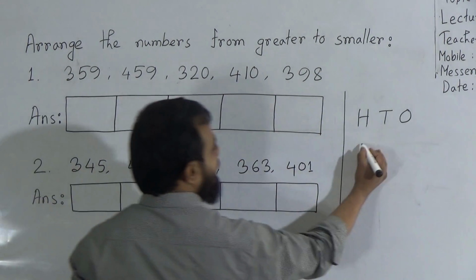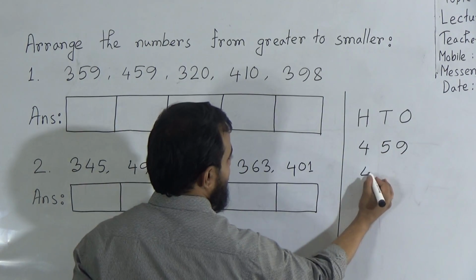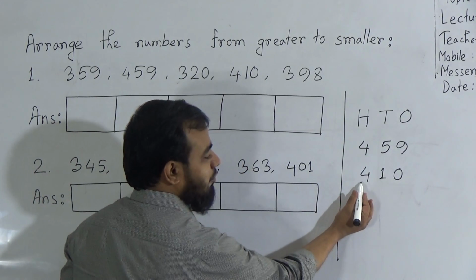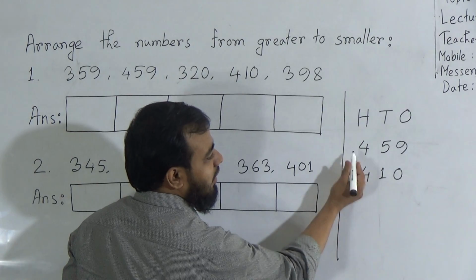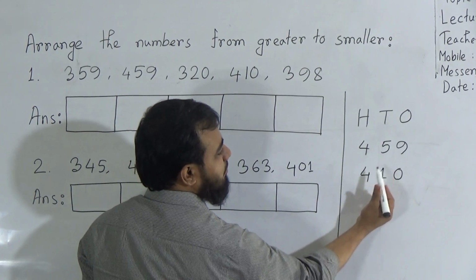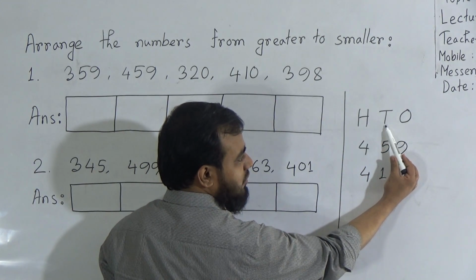These 2 numbers, 459 and 410, have 4 in the hundreds position. Okay, so we have to go to the next place position, that means the place value of tens.